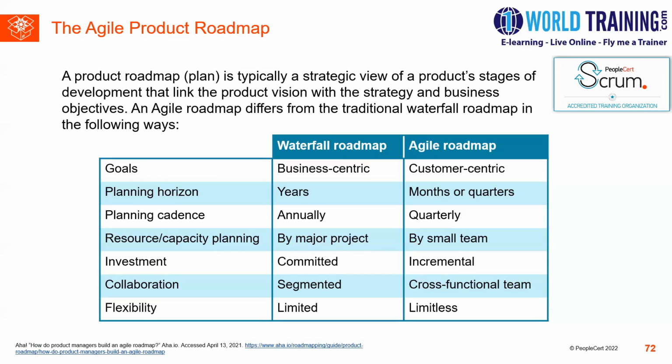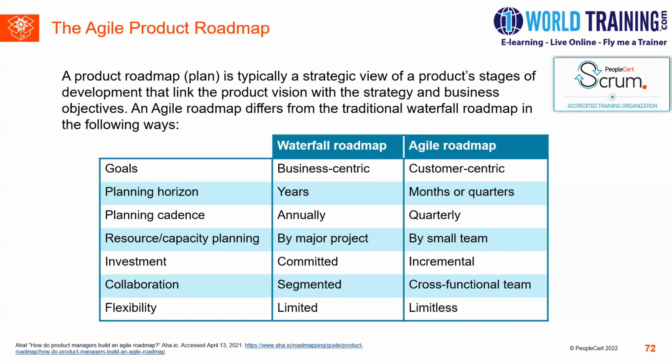But the agile roadmap depends on a shorter time span, and it can be a few months or a few quarters. So that's how the planning horizon differs, and agile has a shorter planning roadmap. The planning cadence for the waterfall roadmap is annual, and for the agile roadmap it is basically quarterly, which we currently see.